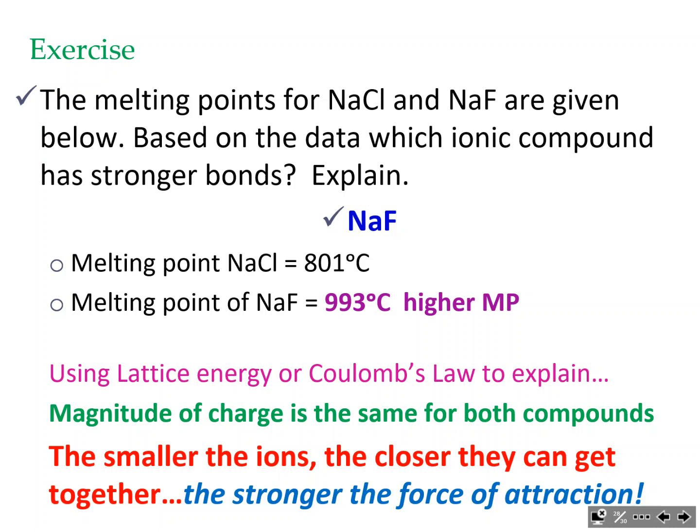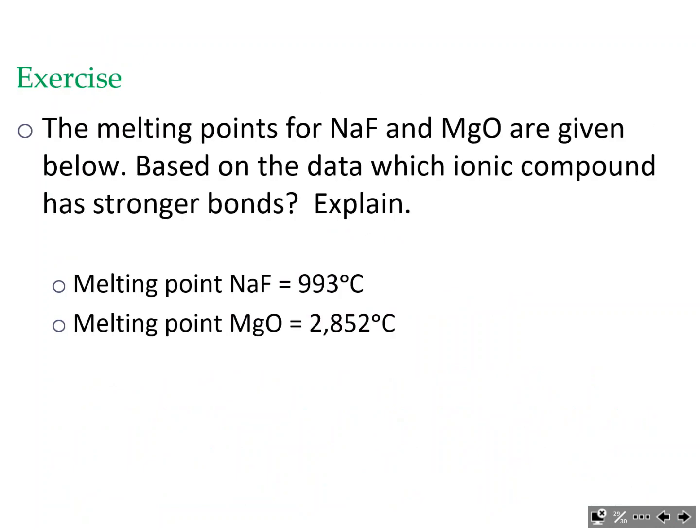So that's one example where they give you the same charge. This is usually how they set it up. They give you the same charges, or they give you different charges and relatively the same distance in terms of the size of the ions. Like this one here. Obviously, the melting point of MgO is almost triple that of NaF.